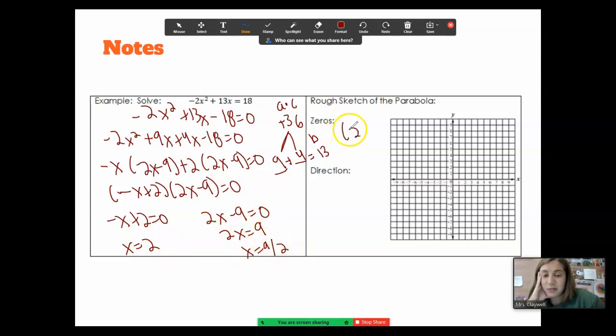So here are the zeros. If I input a 2, I get out a 0. If I input a 4.5, I get out a 0. This one's opening down because my a is negative 2, so it goes through those 2 points and opens down.